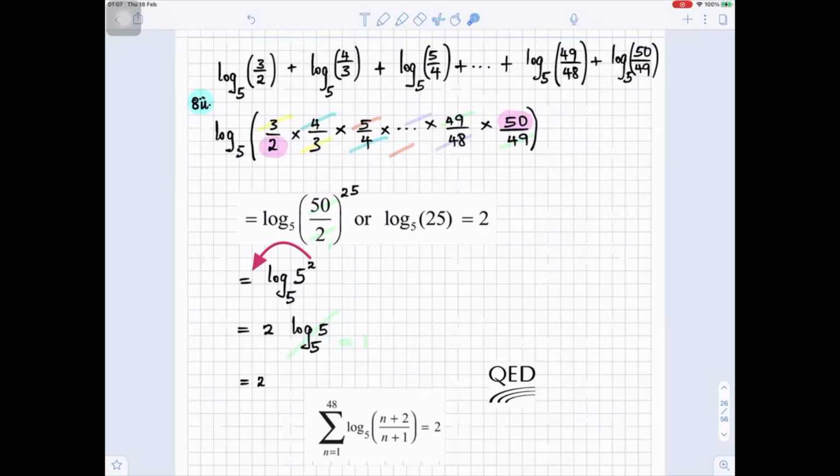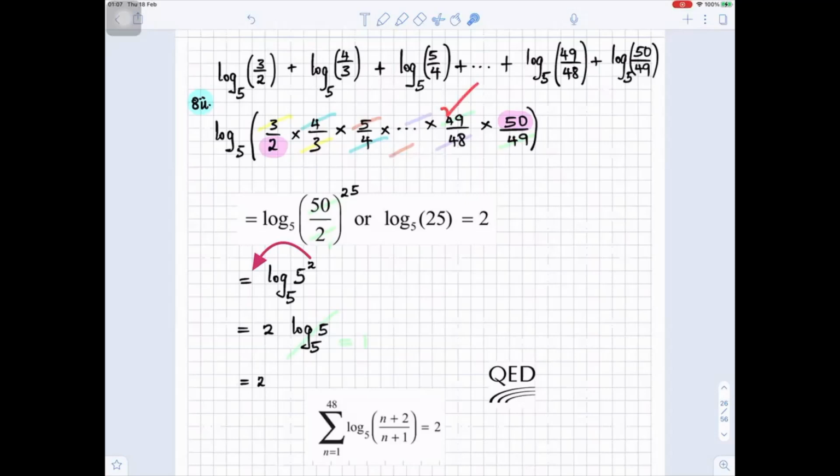But what you want to watch now is look at these numbers carefully. There's a 3 there and there's a 3 there. These 3 will cancel. The reason why I cross it out in yellow, it means they will cancel each other. There's a 4 there and a 4 there, that will cancel each other. And that means this 5 will cancel with a 5 down here somewhere.